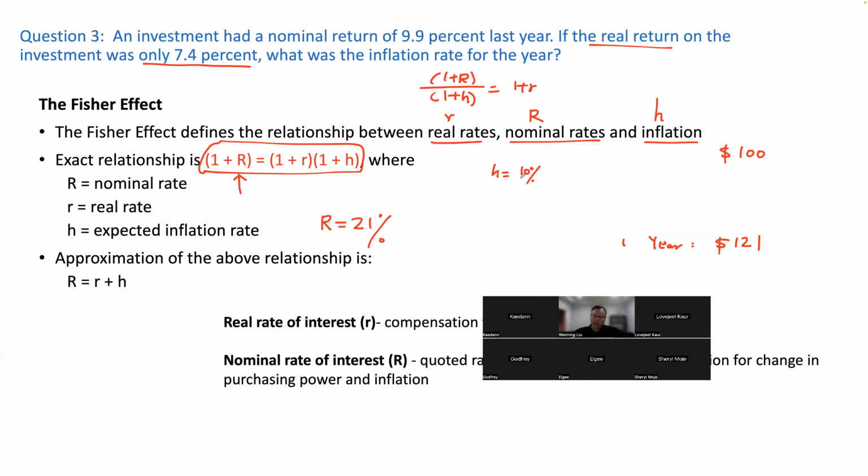This year, because of inflation, it's going to take you more money to buy the same goods. So let's say the inflation is 10%. A year after, how much money do you have to pay for the goods that were worth $100 a year before?